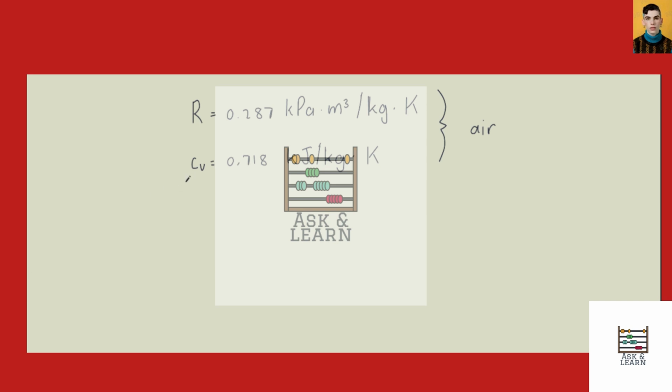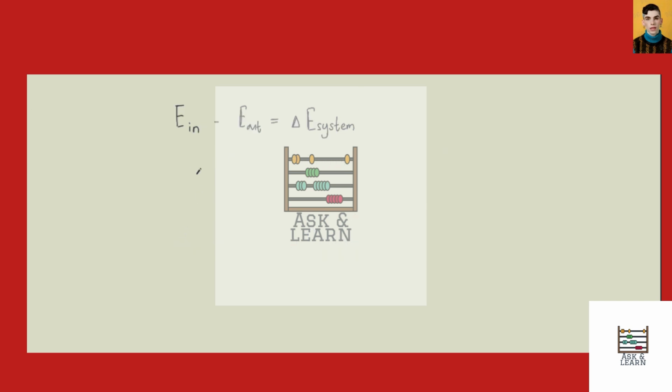Now, we can take the air as a closed system since there is no mass transfer, and the energy balance equation can be written as follows. The energy in minus the energy out is equal to the change in energy of the system, delta E. Now, the energy in is due to the heat.